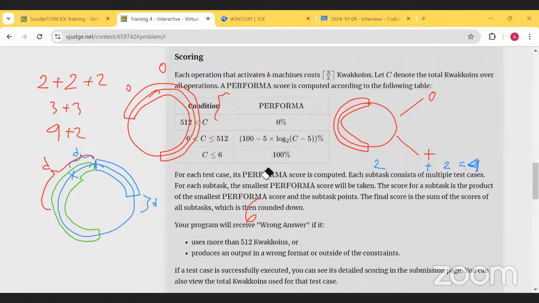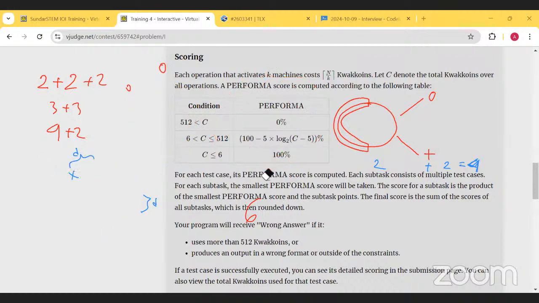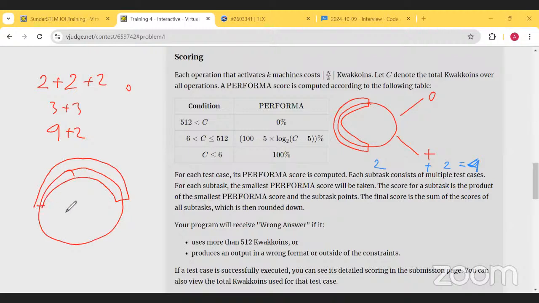Yes, maybe, if I'm not mistaken, you may query like this, and then the response may be 0 or positive. If it is positive, then we can directly know the answer.